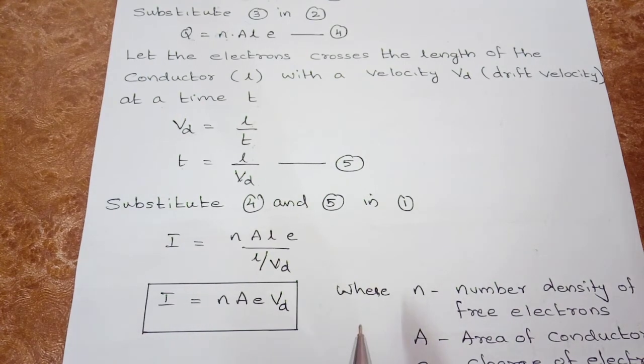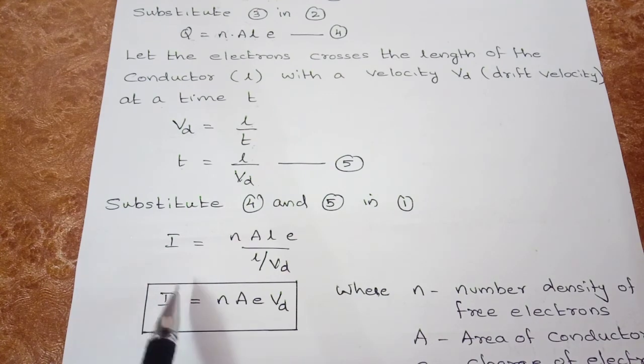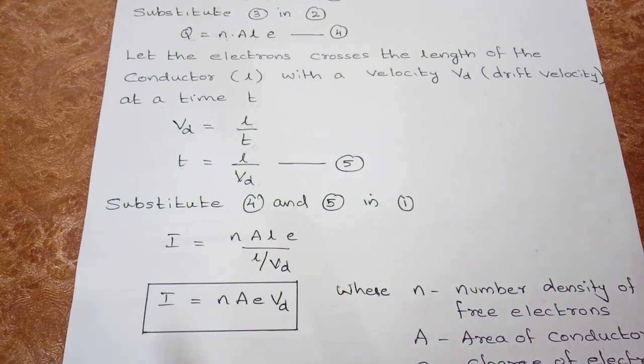As the voltage increases, the electric field increases, because E is equal to minus V by L. As the electric field increases, drift velocity increases, because drift velocity Vd is equal to minus eE by m into tau. As drift velocity increases, electric current increases, because electric current I is equal to nAeVd. So students, this is the mechanism of current flow through a conductor.